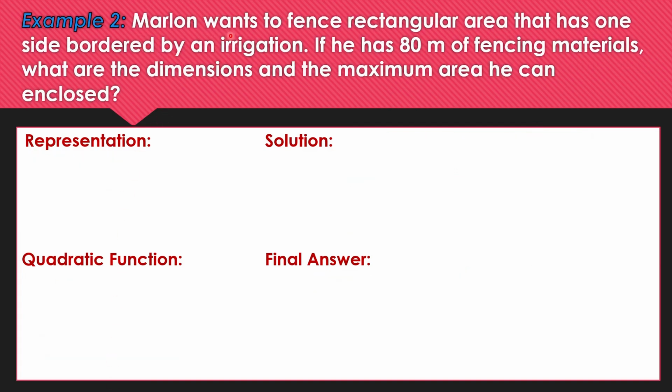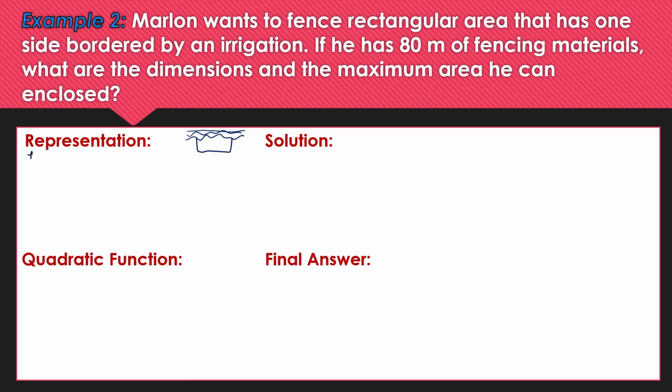Example 2. Marlon wants to fence a rectangular area that has one side bordered by an irrigation. If he has 80 meters of fencing materials, what are the dimensions and the maximum area he can enclose? If we sketch the rectangular area or field, one side is bordered by an irrigation, so only 3 sides of the rectangular field need fencing.